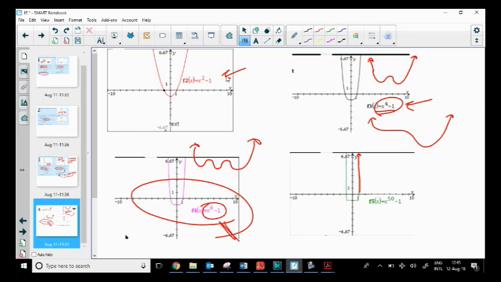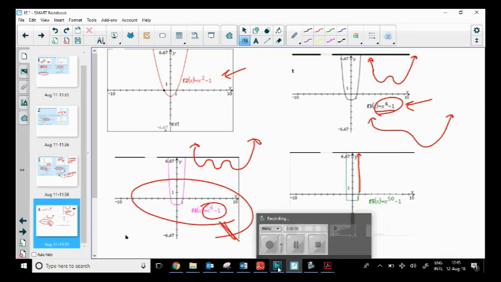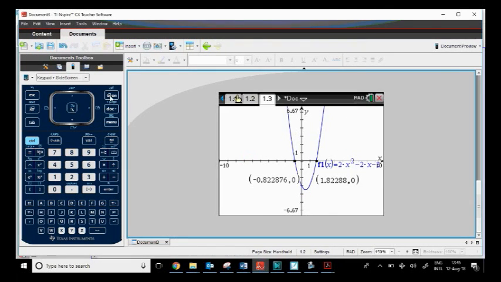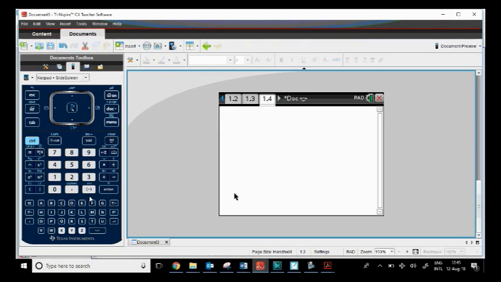1.0001 and I raise it to the power of 50, I get something surprisingly large. Let's actually see. 1.001 to the power of 50. Okay, that was less exciting than I expected it to be, but let's do 1.5 to the power of 50.